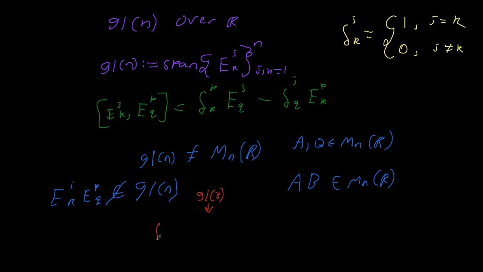Well, we can treat elements such as E_13 as if they were the matrix element 0, 0, 1, 0, 0, 0, 0, 0, 0.